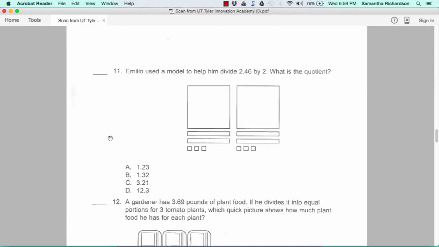Number 11. Emilio used a model to help him divide 2.46 by 2. What is the quotient? A, 1.23, B, 1.32, C, 3.21, D, 12.3.